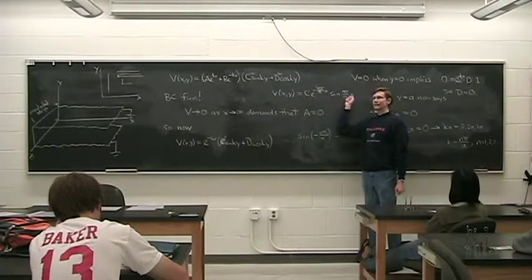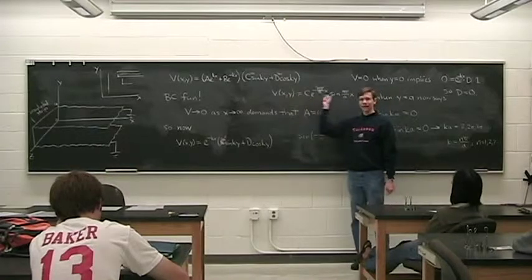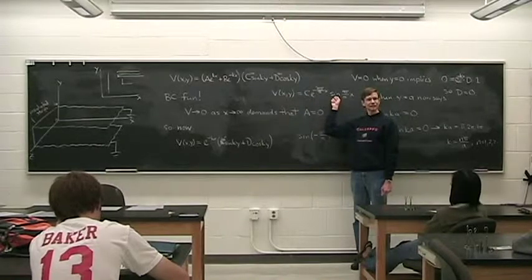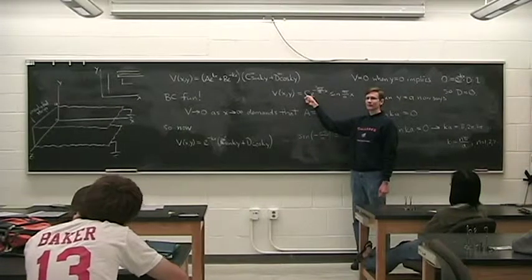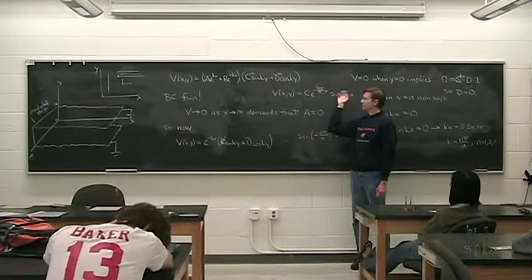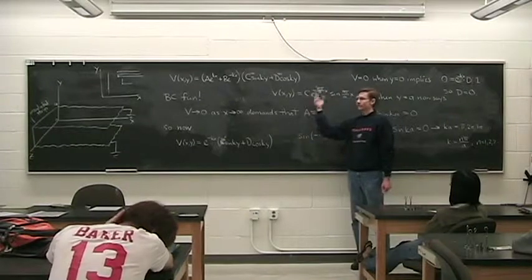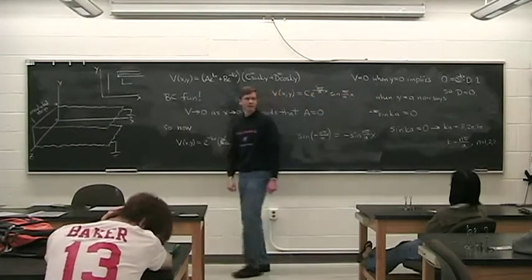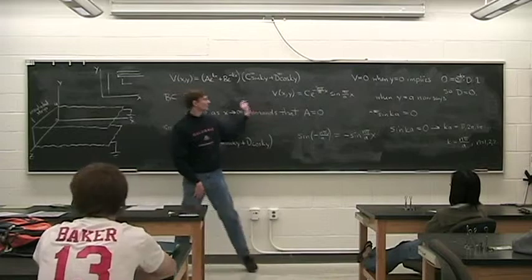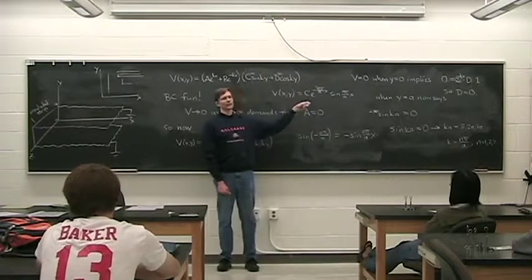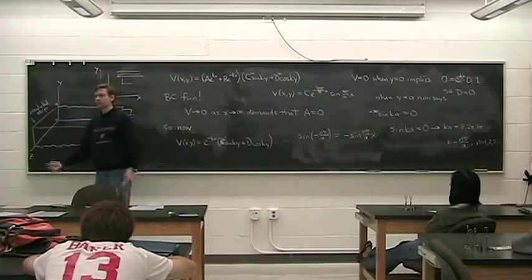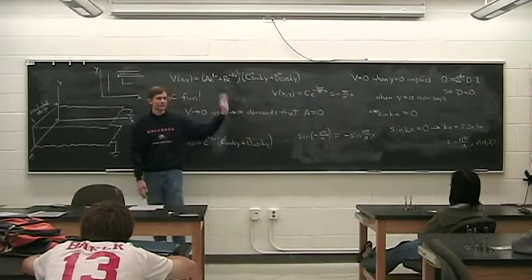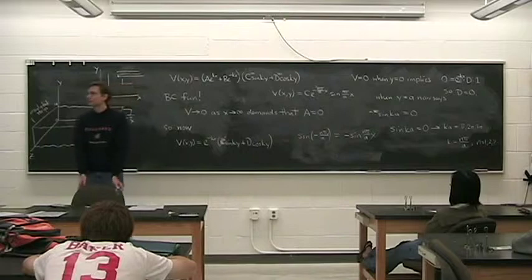If n goes to minus n, that just flips the sign of v of x and y. But ultimately, I'm going to add a bunch of these together with coefficients in front. So if I flip the sign of v of x and y, I could also just let c go to minus c, and I'd be back where I was again. In general, you've got a bunch of things you're going to add together with coefficients out front. If you've got solutions which are just minus other solutions, the coefficients take care of that. They're not genuinely new solutions when you add them together.